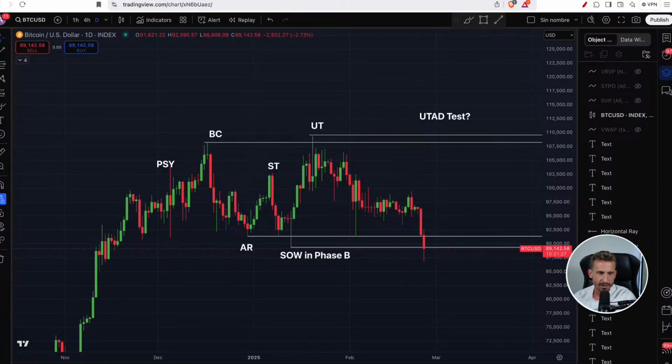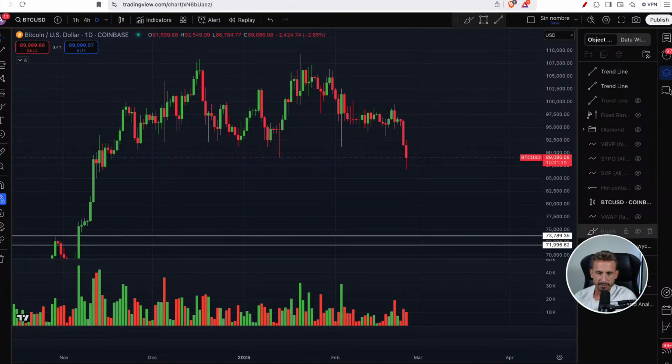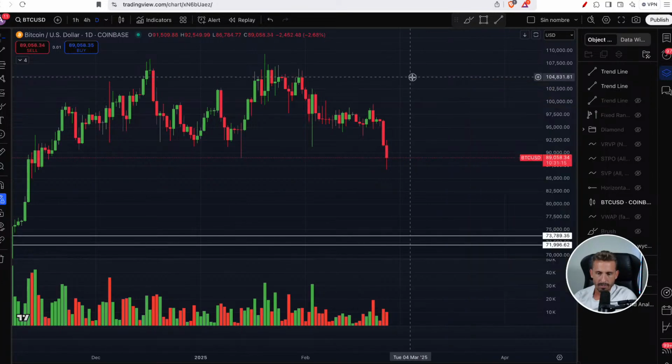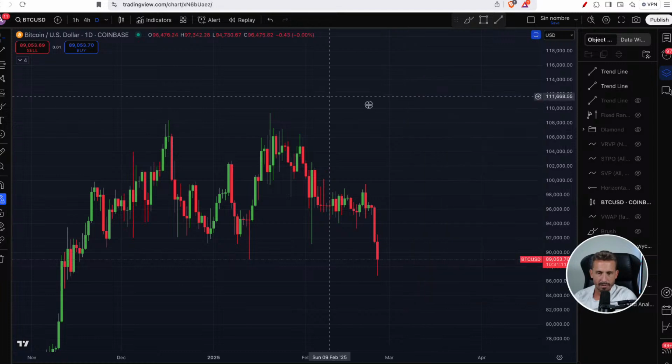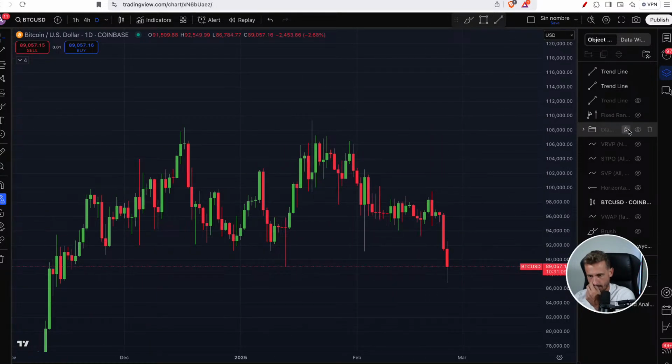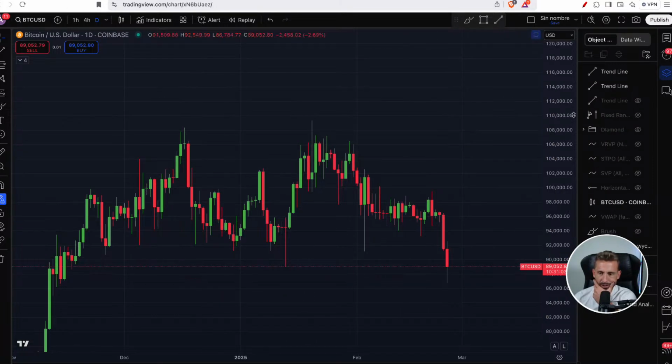This is why we're leaning on, very possibly, we are in this reaccumulation schematic, which will finally end up buying here. Where's the reaccumulation schematic? Where did I put it? I lost it.